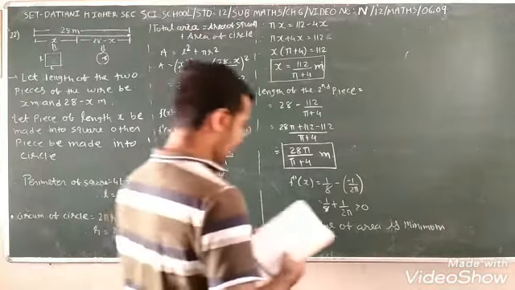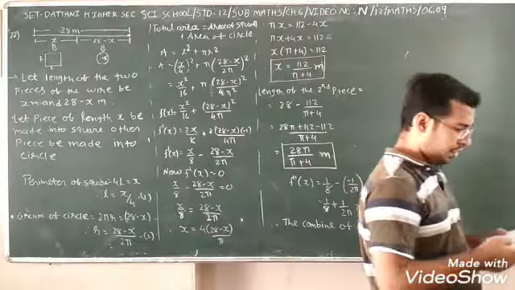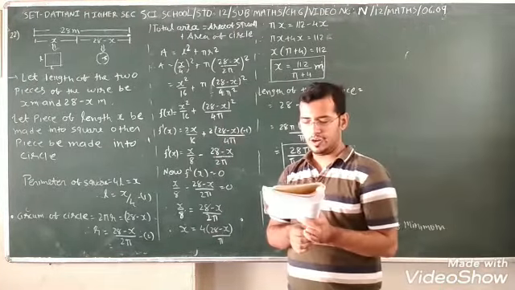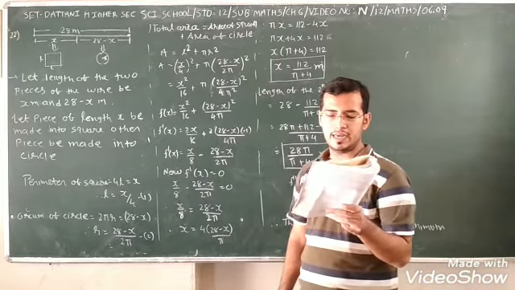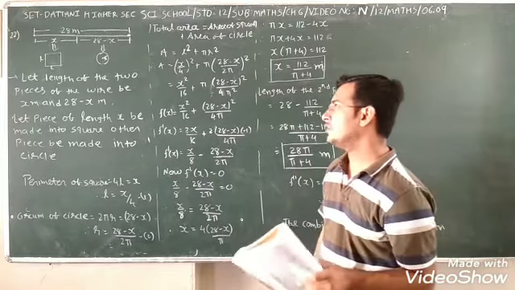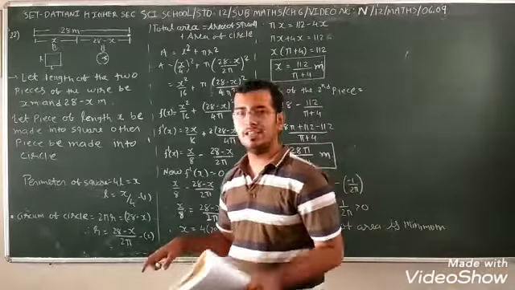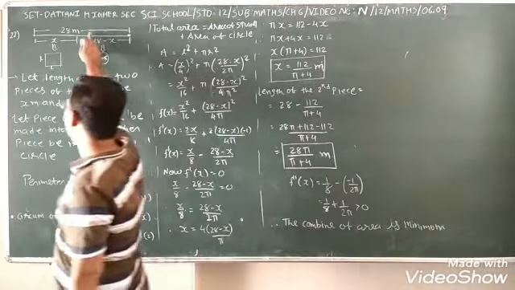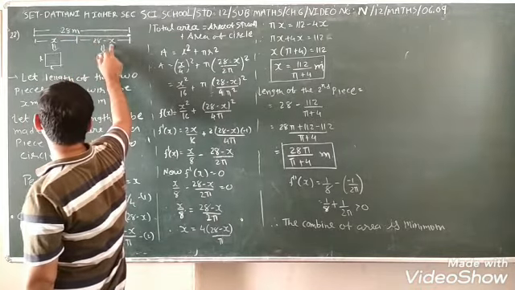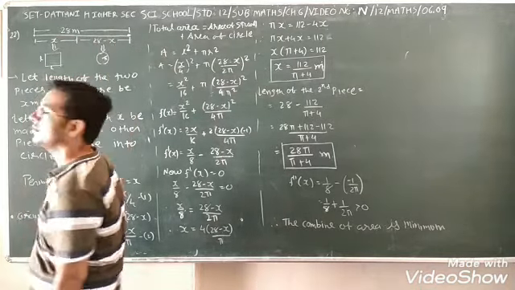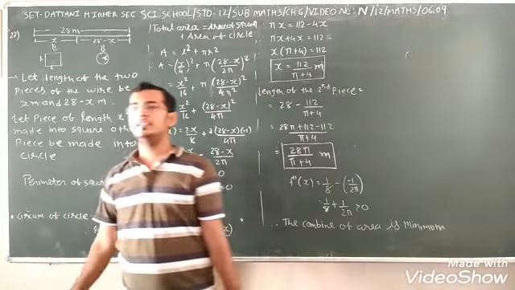Sum number 22. A wire of length 28 meters is to be cut into two pieces. One of the pieces is to be made into a square and the other into a circle. So there is one wire of length 28 meters. From that we take x meters, and the remaining is 28 minus x meters.